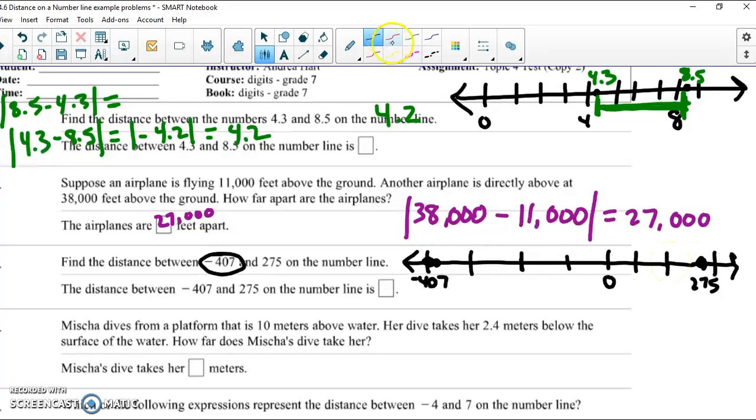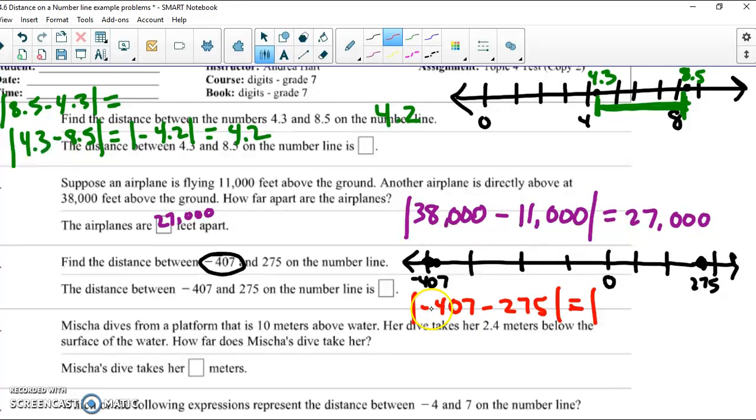So what this is going to look like is I'm going to take my values, negative 407, and I'm going to subtract 275 from it. Notice that is going to give me a negative number, but that's okay because I'm finding the difference between these two, or the distance between them.